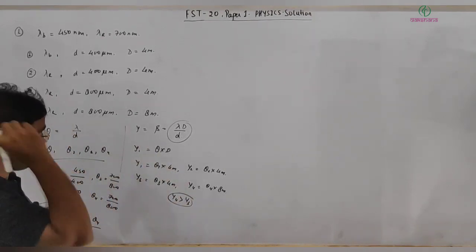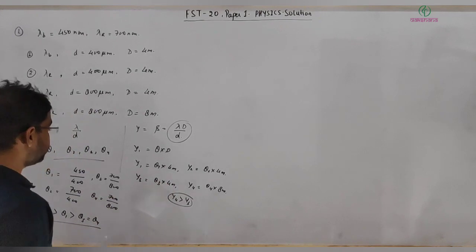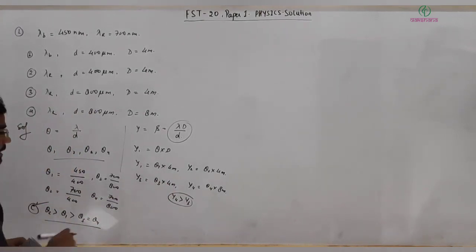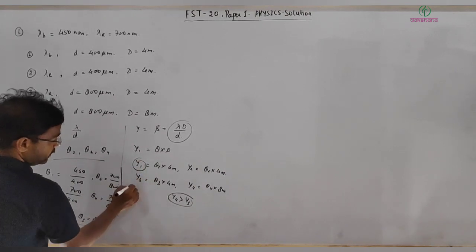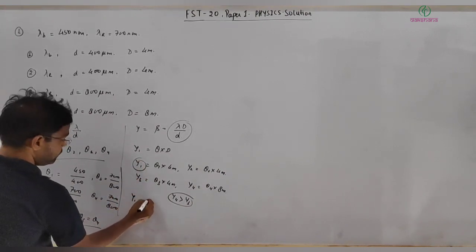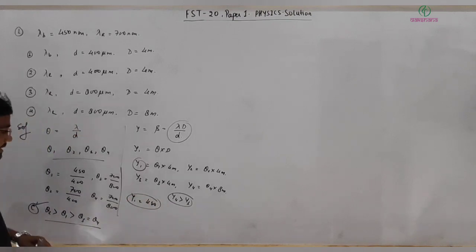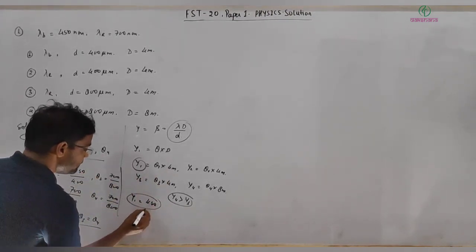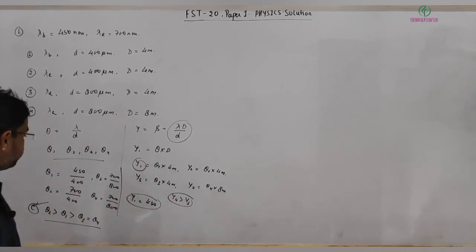We got this relation, and here for y1, with 4 and 400, I get y1 proportional to about 4.5.